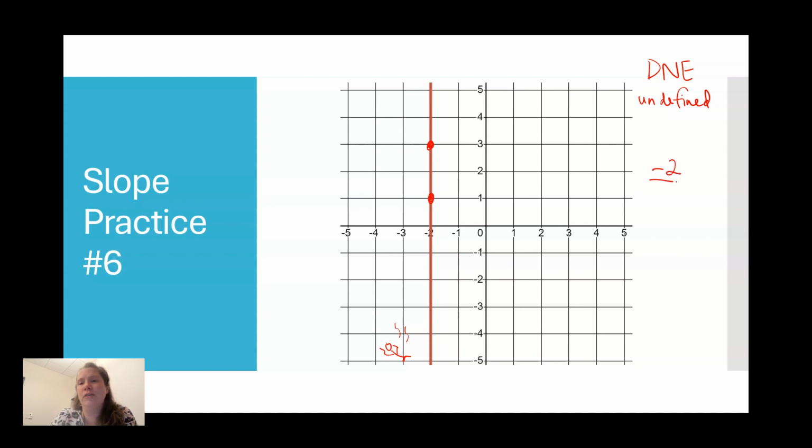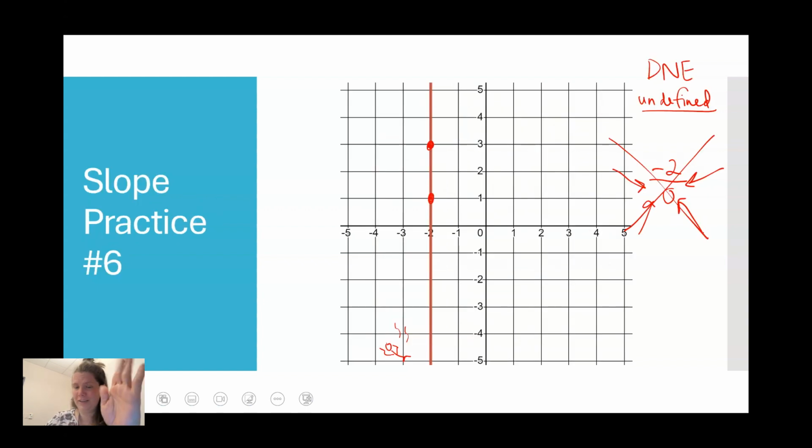So it's over 0. And look out, look out, look out. You do not want to divide by 0. It breaks things. So we just say it's undefined, okay? Straight up and down lines, undefined slope, or D and E does not exist. Oh, sorry, one more. The slope does not exist. There is an equation for this line, and we'll talk about it.